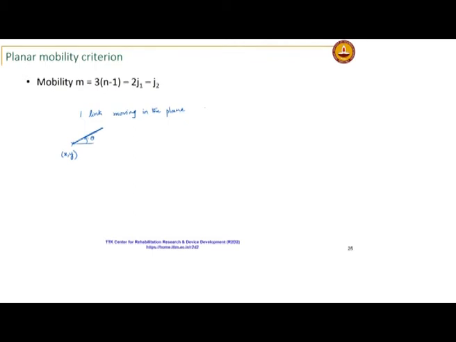So, one link moving in the plane has 3 degrees of freedom. Now, before I make the chain even, I take n links, and if I have these n links moving independently in the plane, how many degrees of freedom will I have? 3n. For my system I have 3n degrees of freedom.